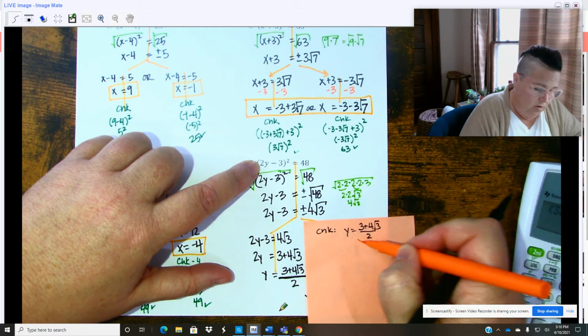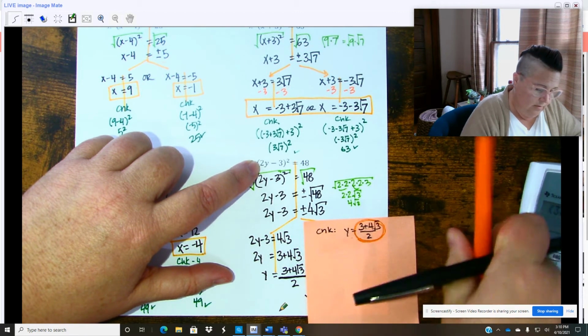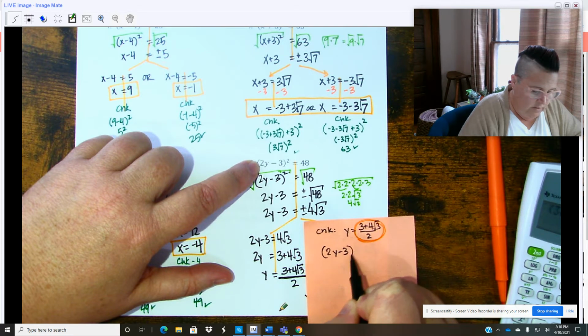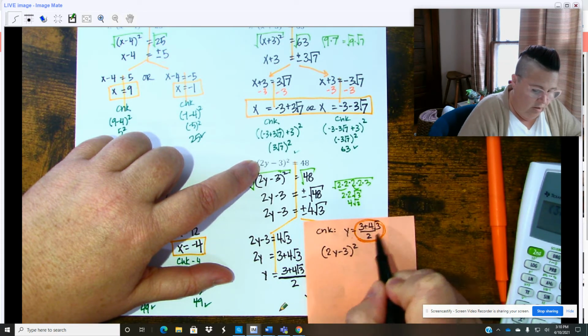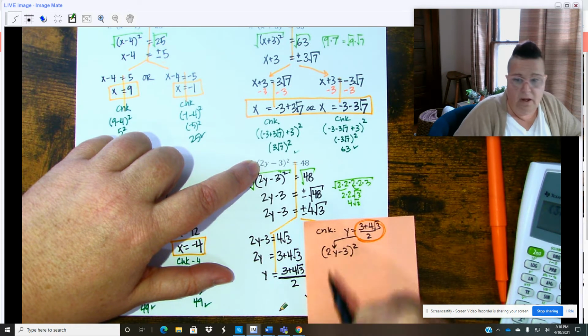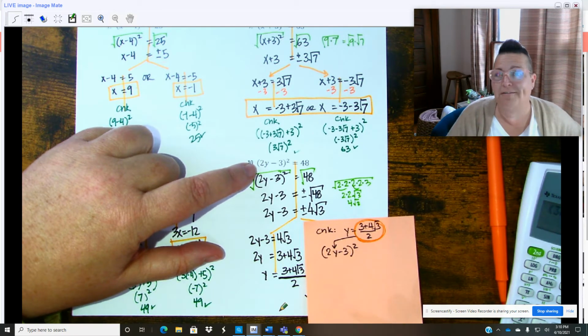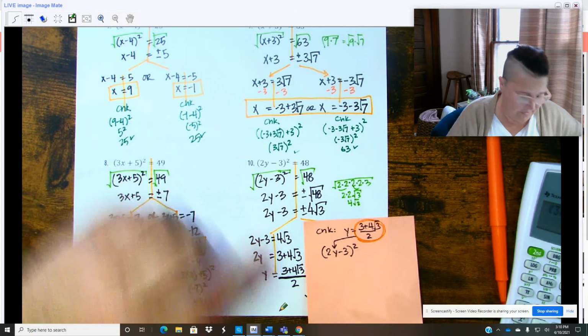So I'm going to take all of this, 2y minus 3 squared, and I'm going to put all of that circle in for the y. I know it looks gnarly, but wait till you see the slickness of this.